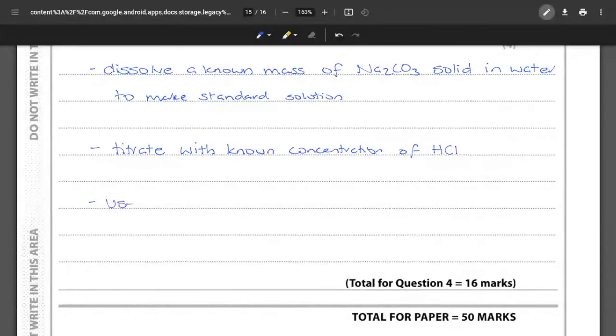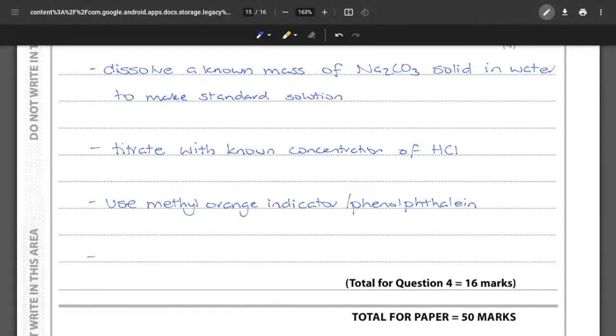So we are going to use methyl orange, or you could potentially use phenolphthalein. Either of them would be acceptable. Don't say litmus paper or litmus or universal indicator. Those should never be used in titrations. It's always only methyl orange or phenolphthalein.